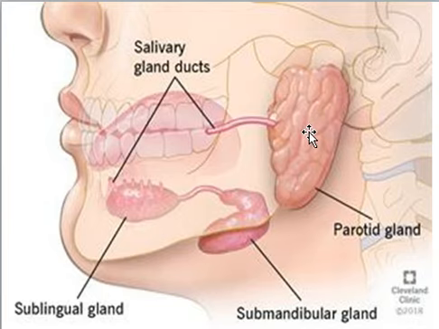This gland secretes saliva into the oral cavity, and this saliva facilitates mastication and swallowing. Also, it secretes amylase, which digests starch.